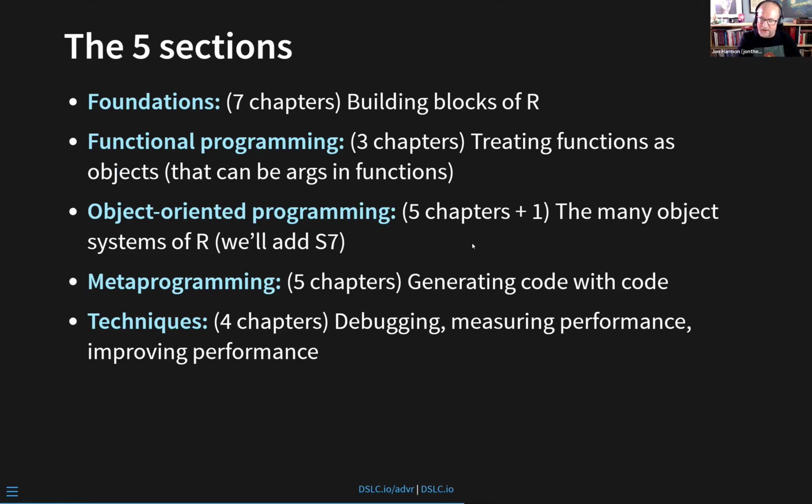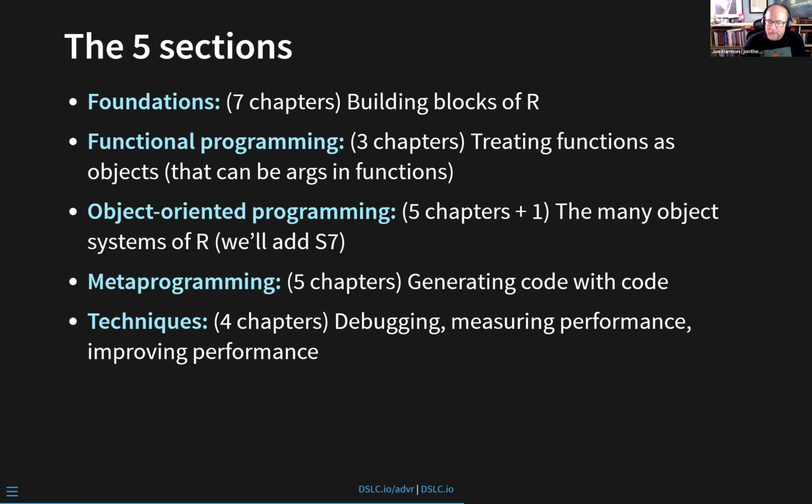And then there's another chapter about putting them all together and when to use each type. And we're going to add a week about S7, which is the new, in development, ideally replacement for S3 and S4. That's why it's S7. It's S3 and S4 added together. But yeah, we'll talk about those.